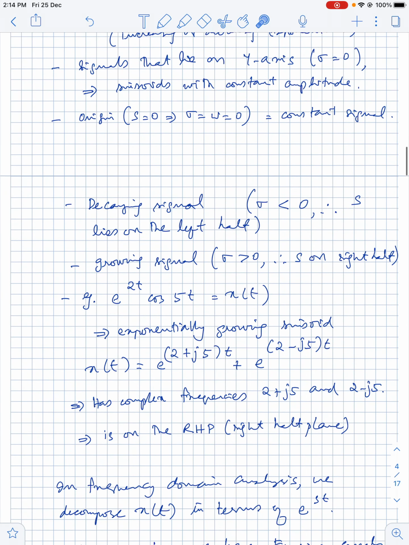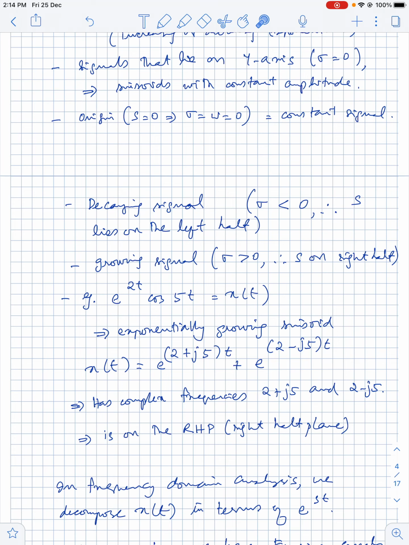Not much here. Let's see an example. Let's see the signal e raised to 2t cos 5t that I'm calling x of t. If I apply Euler's formula here for cos 5t and do some manipulation, I will get x of t as half of e raised to (2 plus j5)t plus e raised to (2 minus j5)t.